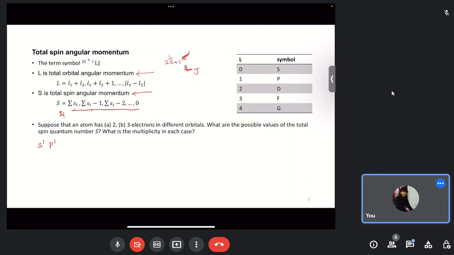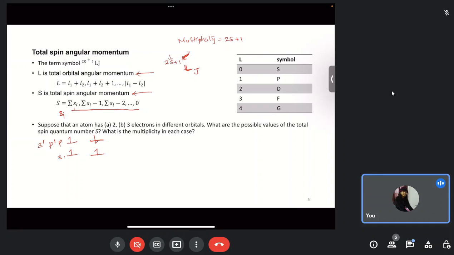Let me write it explicitly here. Multiplicity is 2S plus 1. For this particular system, consider this is S and this is P. Both electrons can orient in the same direction or in two different directions.